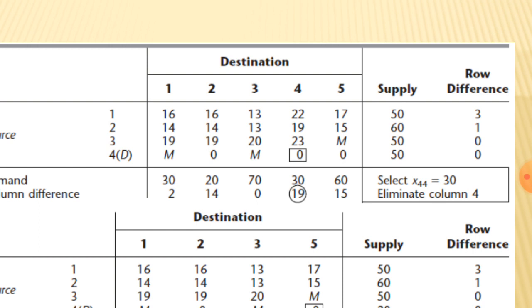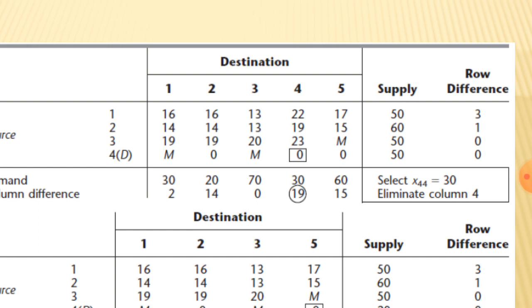That is the difference. Here 14, minimum value 14 minus 16, 2. Here the minimum value is 0, and the next minimum value is 14. Write down 14. Here 13 minus 13, 0. 0 minus 19, 19. 0 minus 15, 15. Here you have prepared the matrix.